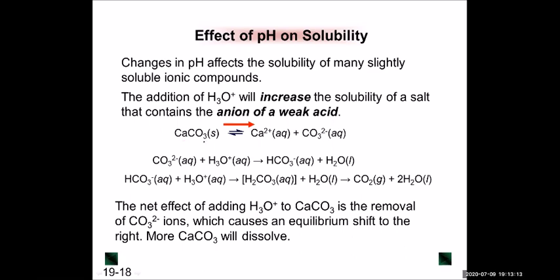Calcium carbonate is made of calcium ion and carbonate. Carbonate is the conjugate base of a very weak acid. So that means this ion has a very strong tendency to combine with a proton. And once combined with the proton, this concentration will decrease.